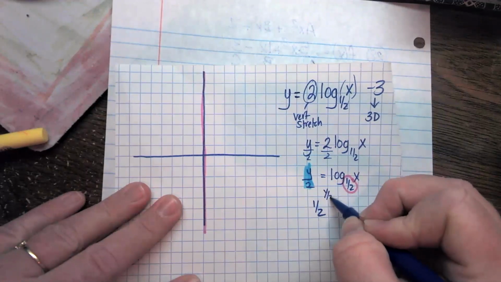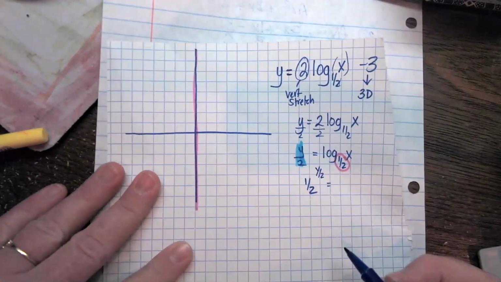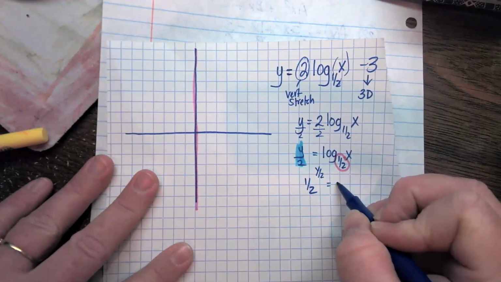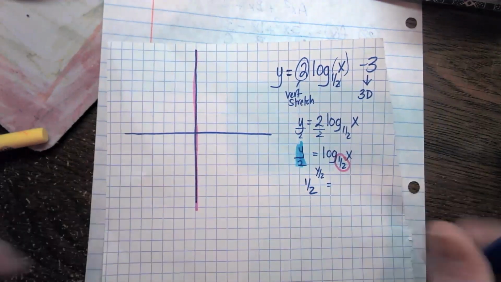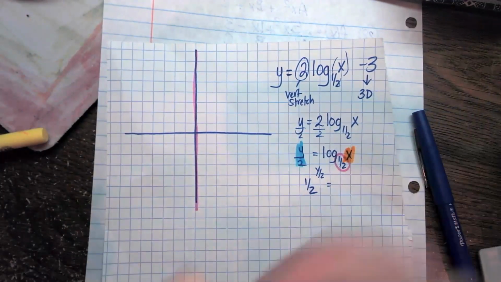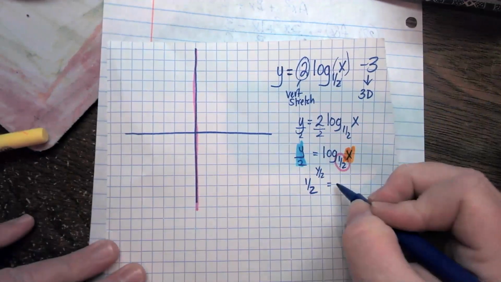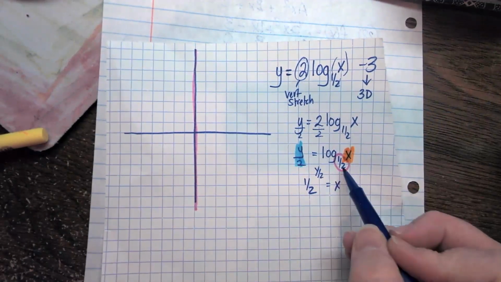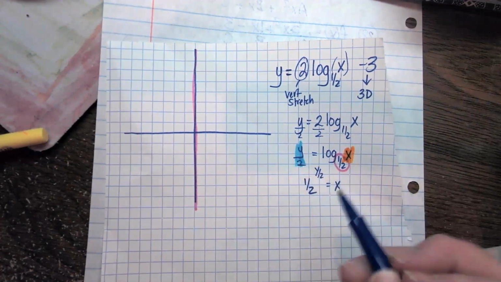Well, that's weird. That's doing the opposite of what I think. Huh, interesting. Actually, whatever we put in for the y's will affect the x's. Did you see that? 1/2 to the y over 2 power equals x.